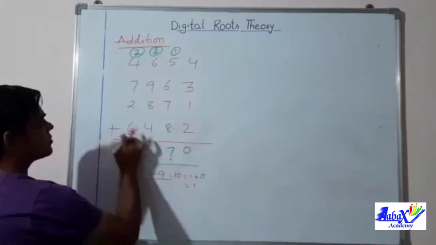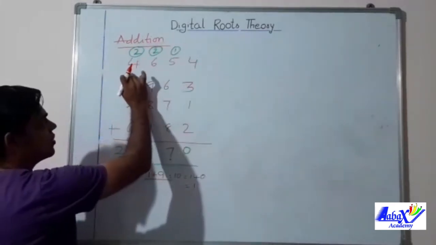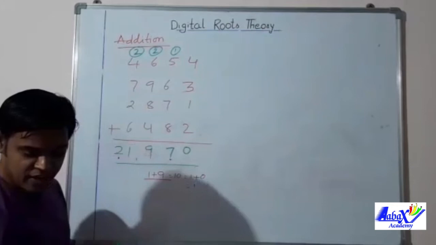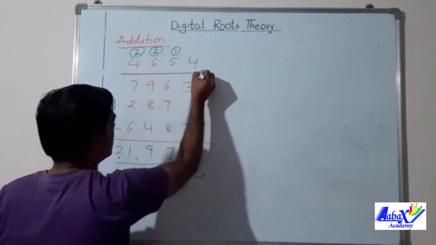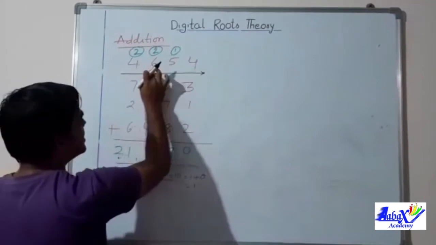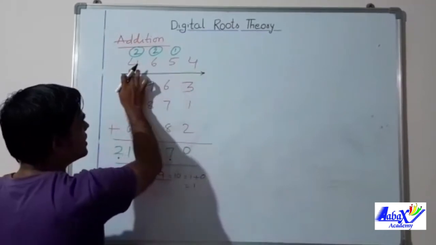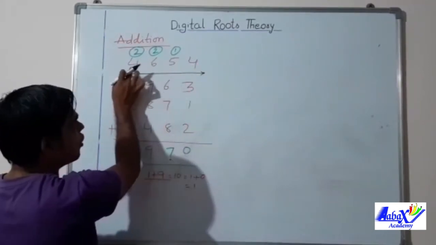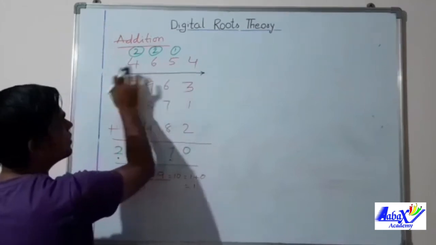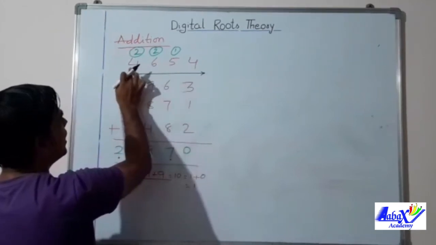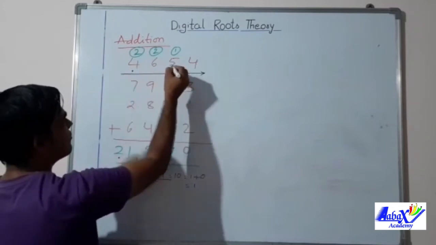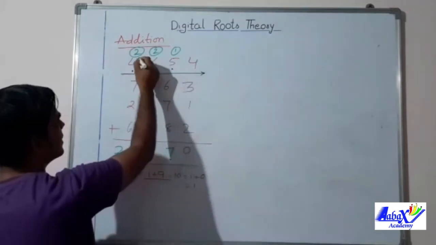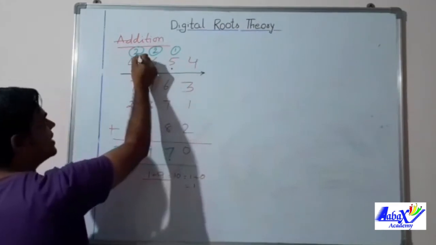For the given sum, horizontally we need to find the digital roots. So horizontally we need to find the digital root of this. What is the digital root of 4654? Here 5 and 4 cancel. Yes, 4 and 5 we may cancel. Okay, let us cancel here, no problem.